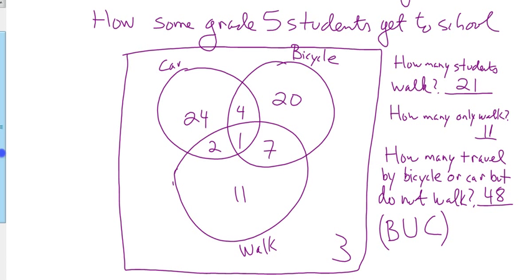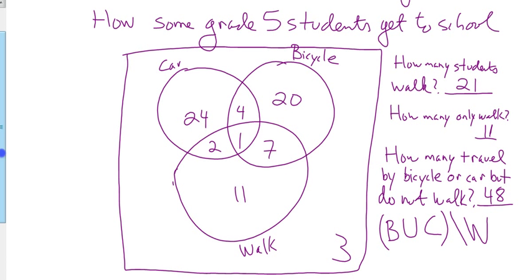We want to get rid of the walk, so what's our minus symbol? A slash, right? So we take bicycle or car minus walk. Now, what kind of slash is it? I don't remember. Is it a forward slash? There we go. Okay, so that's bicycle or car minus walk.